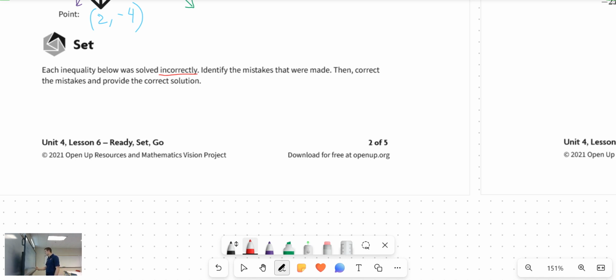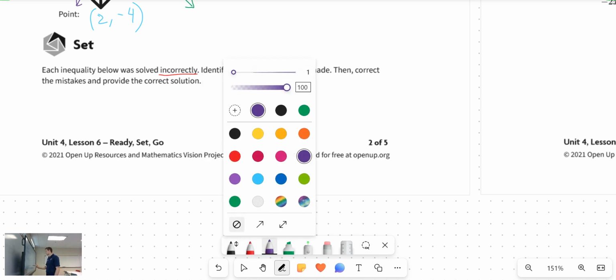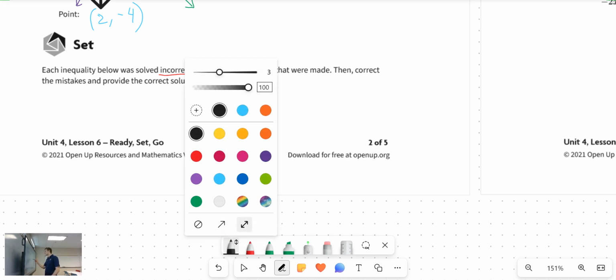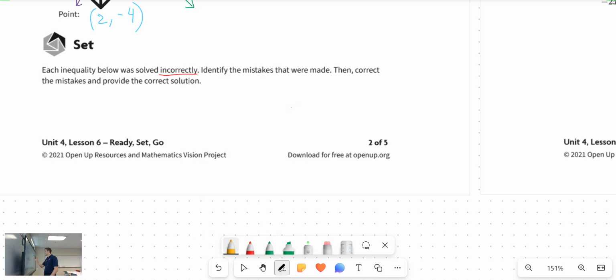All right, so then, we'll do this in a different color. Maybe we'll do this in green and red. Identify the mistakes that were made. Actually, maybe we want to identify the mistakes. All right, we're going to mix this one up a little bit. We'll do a nice orangey color in between the two.